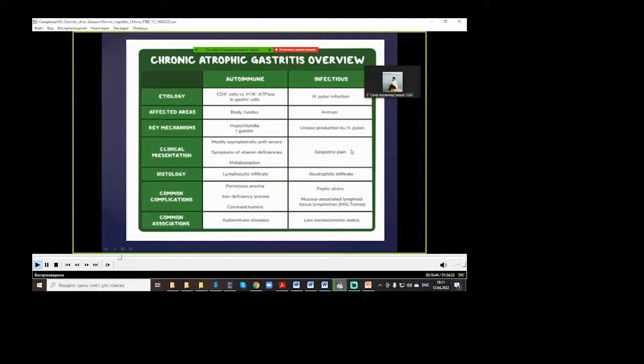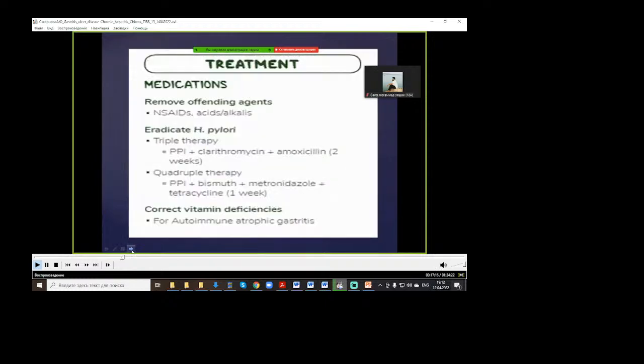Complications of autoimmune gastritis will be anemia, iron deficiency or pernicious anemia, and carcinoid tumors. In Helicobacter pylori, the complications may be peptic ulcer and MALToma, mucosa-associated lymphoid tissue lymphomas. So this is the difference between these two types of gastritis.